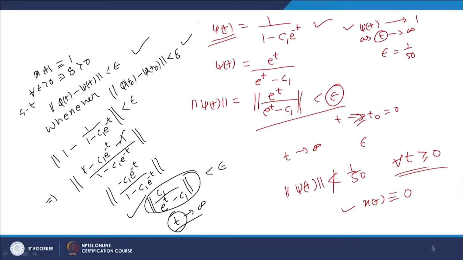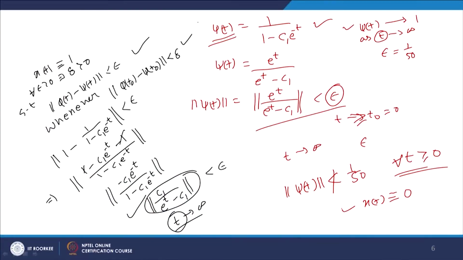Is it okay? So for every epsilon I can choose any delta in this case, because here we are not getting any condition on delta. So norm of phi t minus psi t is less than epsilon for all t greater than 0. In this case this comes out true.